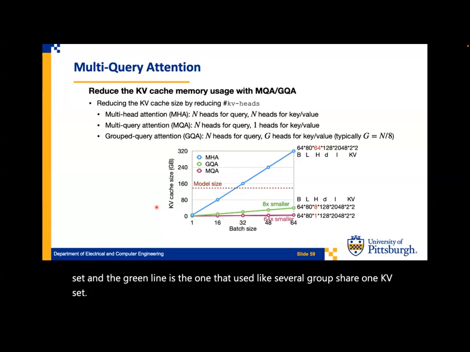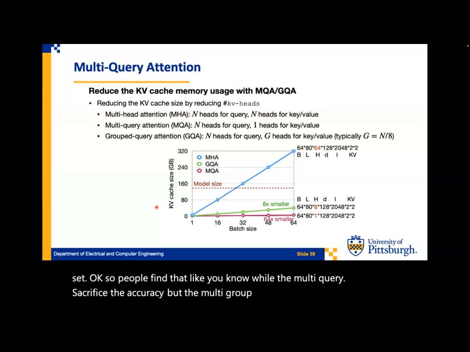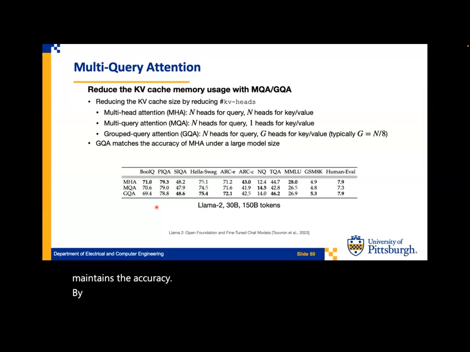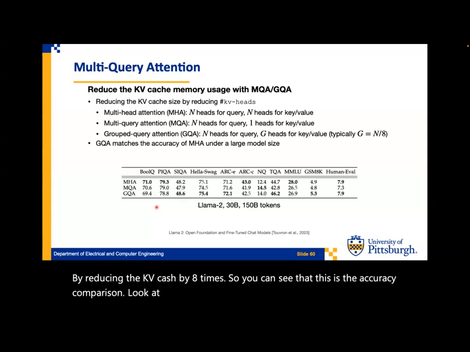People found that while multi-query sacrifices accuracy, the grouped version sharing one KV set actually maintains the accuracy while reducing the KV cache by 8 times. You can see the accuracy comparison here. Look at the last column: the grouped query maintains the same accuracy as the multi-head attention.